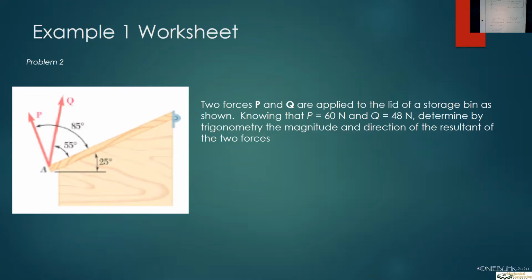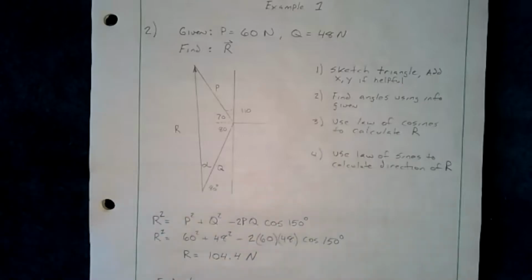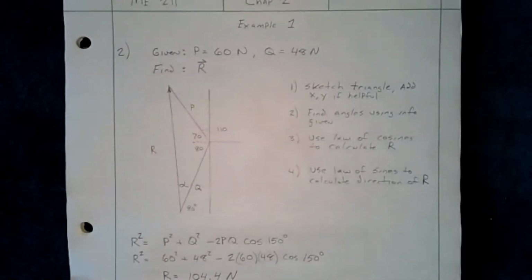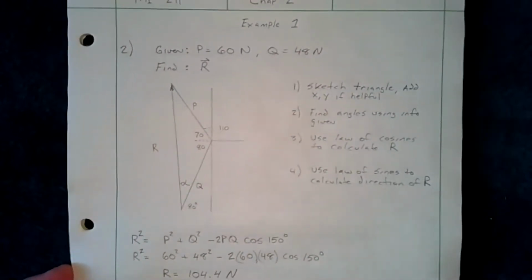Now we have problem 2 on our example worksheet. It's very similar to the ones we've done, but we start off with two forces, P and Q, connected at point A, and we have our respective angles showing. So here we have our forces, 60 newtons and 48 newtons.